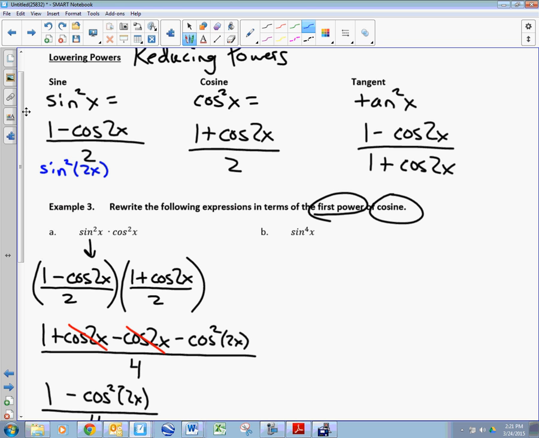So look at what happens. Sine squared of x, we end up with a cosine of 2x. What happened to the angle? It got doubled. So this will end up with a cosine of 4x. So sine squared of 2x is 1 minus the cosine of 4x over 2.